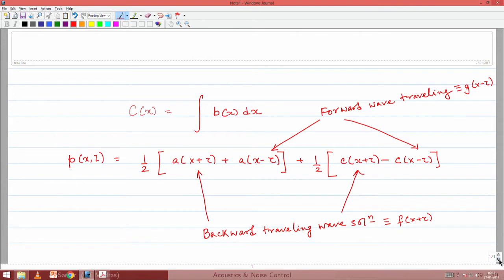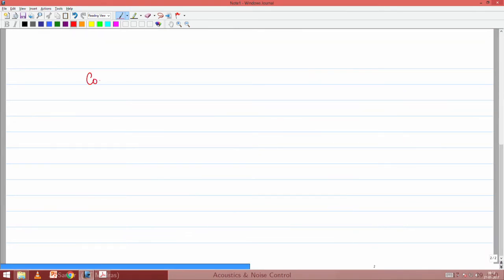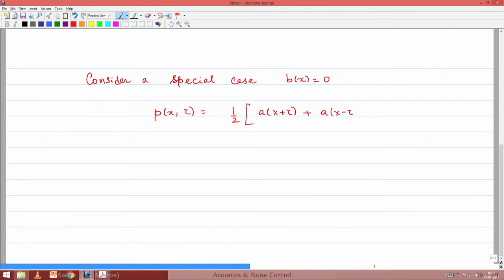Let us first consider a special case, with b of x equal to 0. In that case, what happens to the solution p of x comma tau is half of a of x plus tau plus a of x minus tau, which is the total solution.